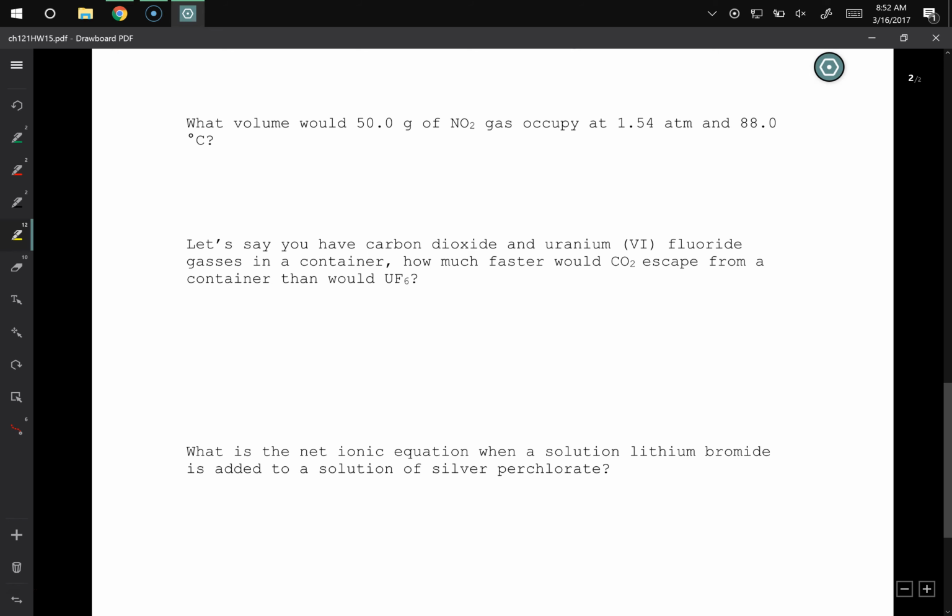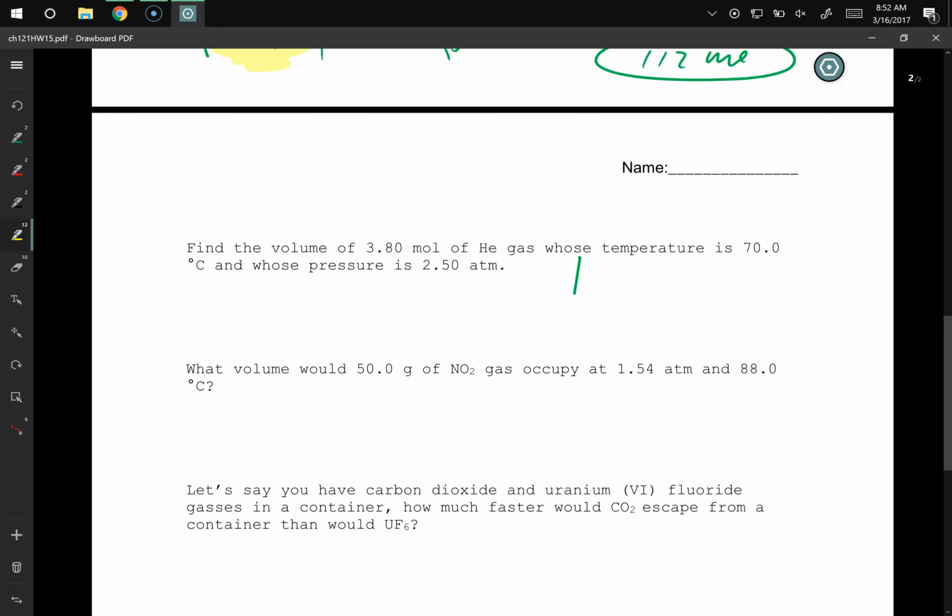All right, so find the volume of this gas of helium whose temperature is 70 degrees Celsius and is at this pressure.